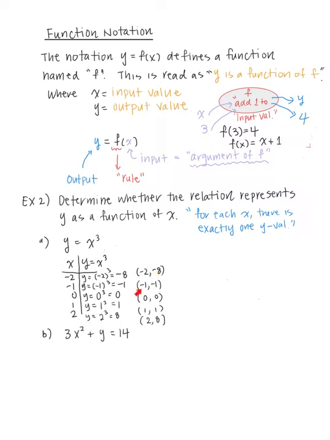When X is -1, yes, there's exactly one Y value, which is -1. When X is 0, your Y value is also going to be 0. So when X is 0, this guy has exactly one Y value. So in this case, yes, Y equals X cubed is defined as a function of X.